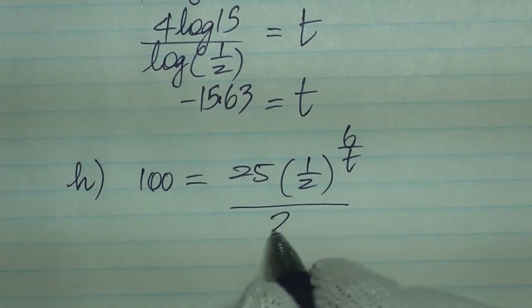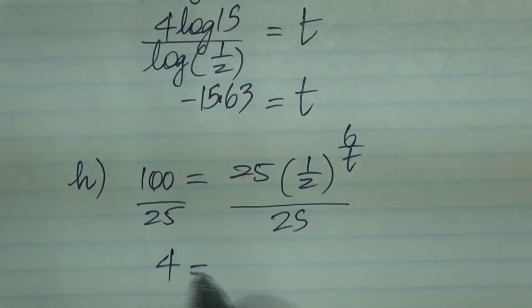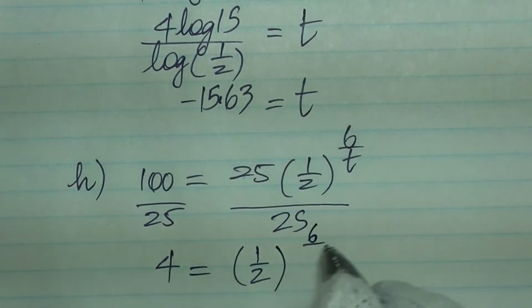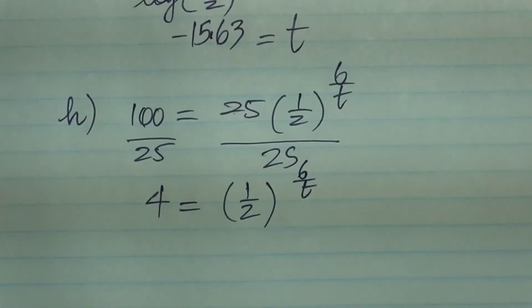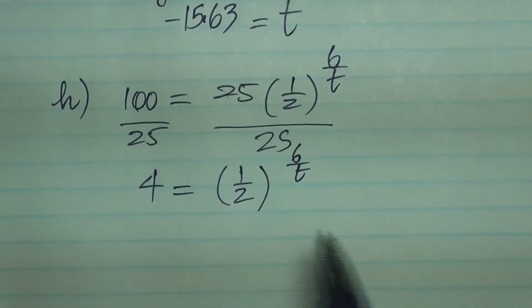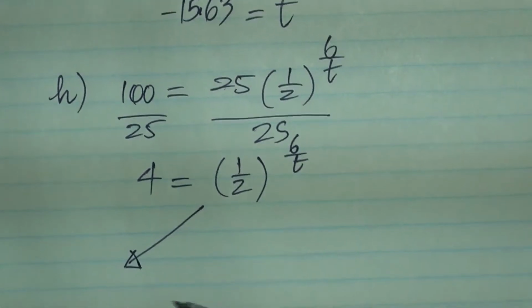First I'm going to divide out the 25. This is actually a nice example because you can do it with logs or you can do it old school as well. Remember, I'm going to do it both ways.